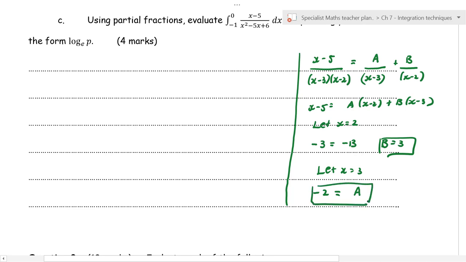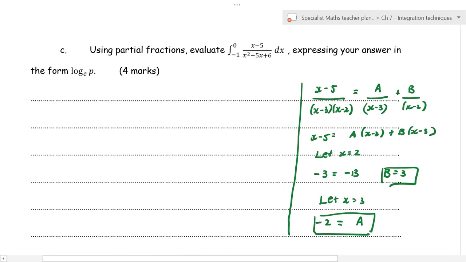So now this is where you can't really get sloppy, and I don't want you writing nothing equals something. I want you to physically write it out again, please.